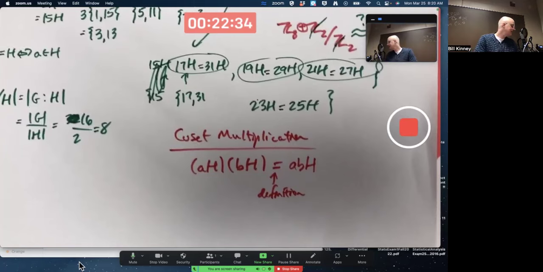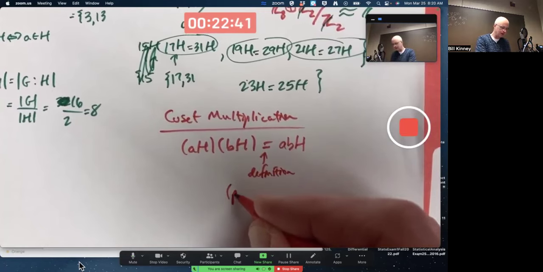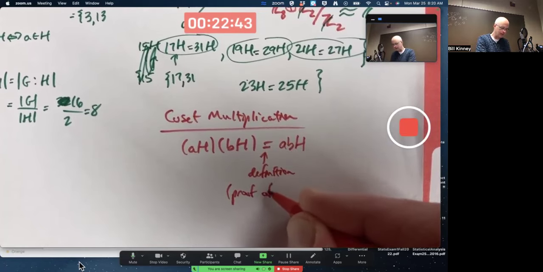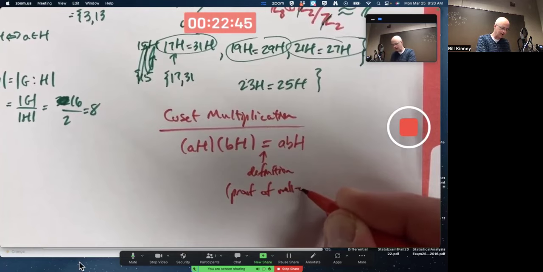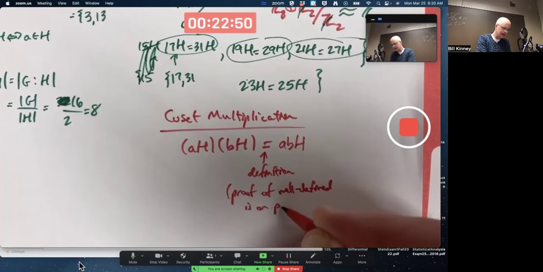You'll find it on page 196. Proof of this operation being well defined is on page 196.